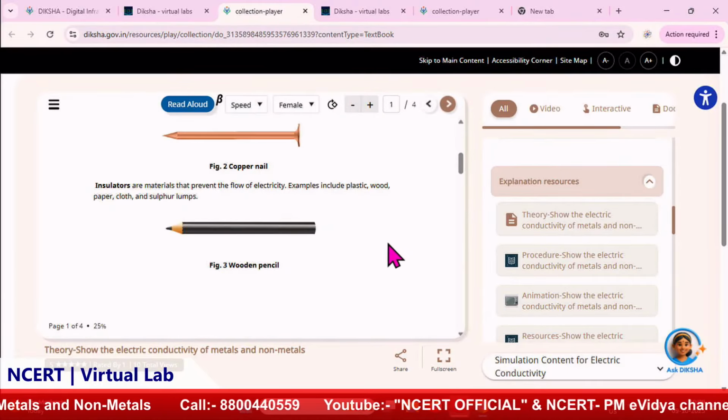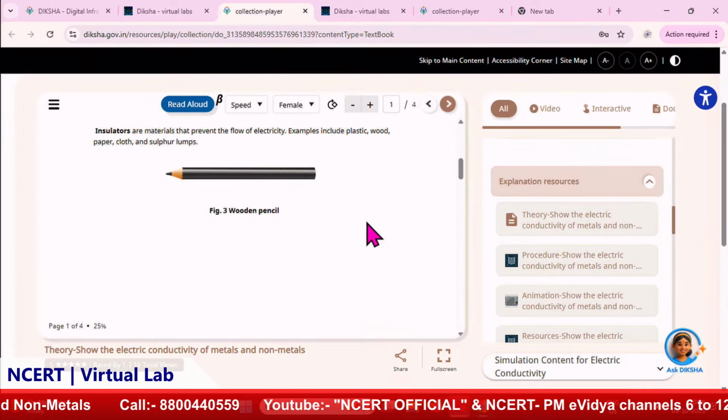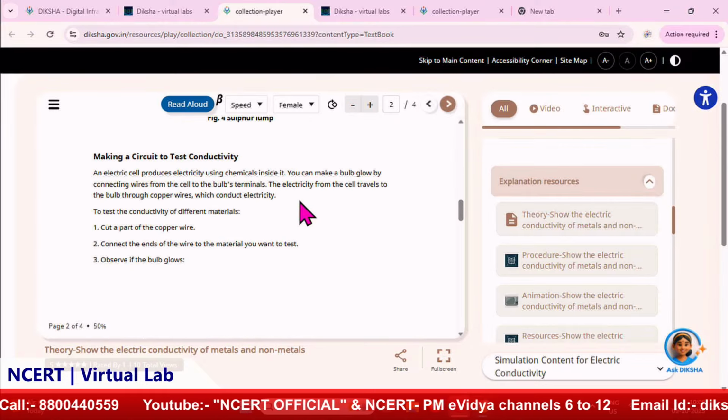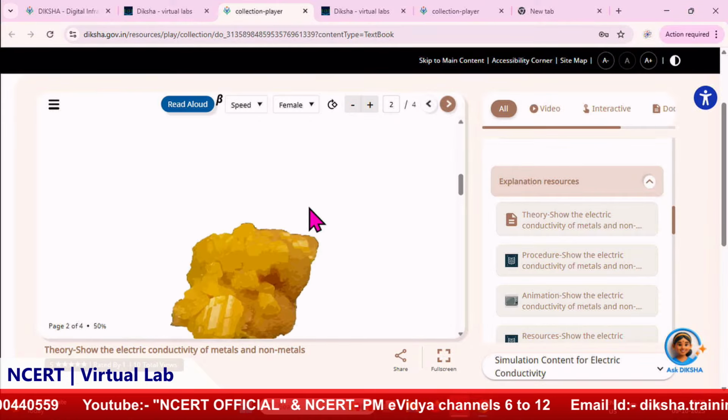Because they do not have any excess free electrons which can carry the electrical charge. So they block the electric current, and do not allow the electricity to pass through. For example, plastic, wood, paper, cloth, sulfur lump, all these are insulators.